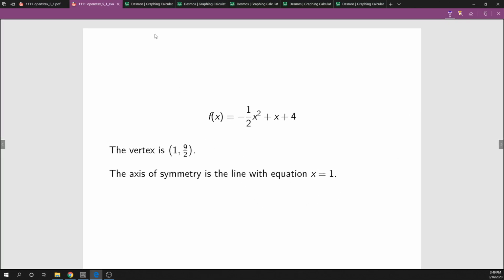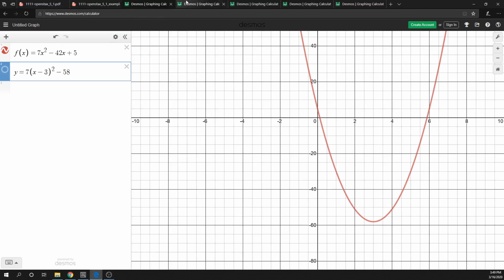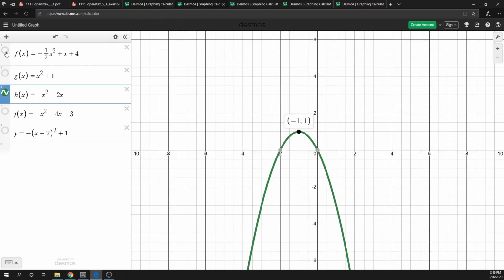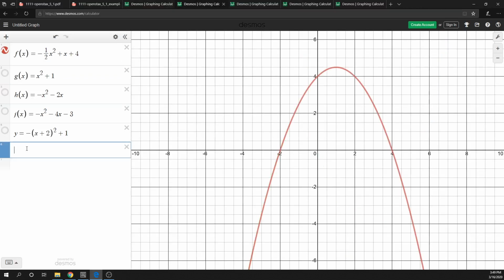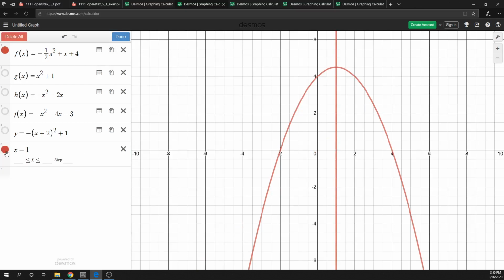That's it. Let's take a look at the axis of symmetry on Desmos. So there is the parabola in question. And then if I graph x equals 1, and usually I draw these as a dashed line to indicate that that's not really on the graph of the function itself. You can see the axis of symmetry basically cuts this parabola right in half. It goes right through the vertex.